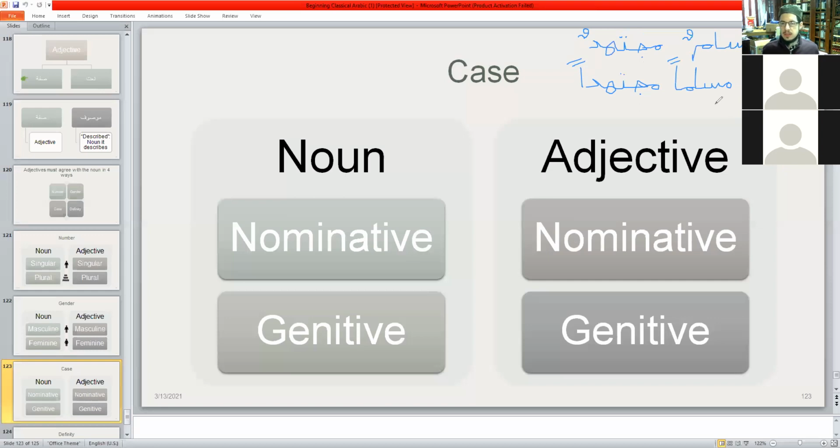In this case, the noun is in the accusative case. It's the object of this verb. What did I see? I saw a hardworking Muslim. Musliman mujtahidan.